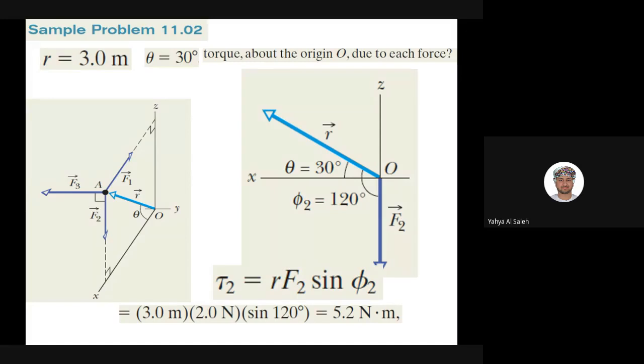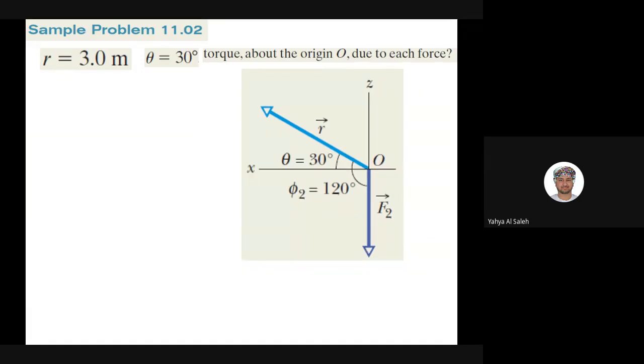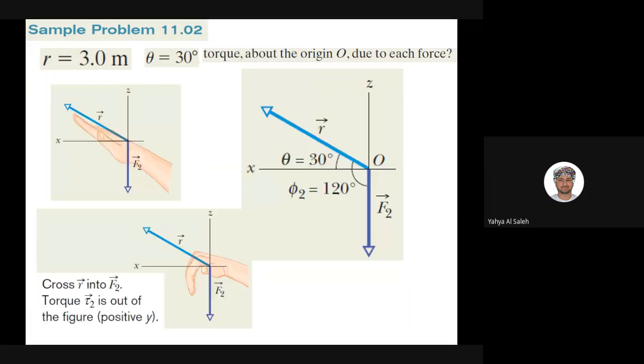Okay. If you do it, you will see that the answer is in the plus y-axis out of the page.